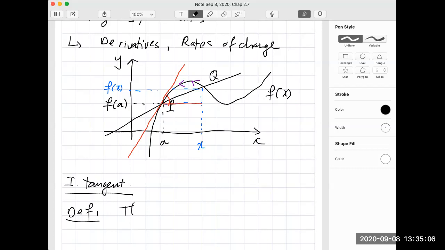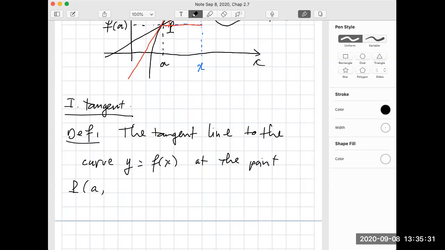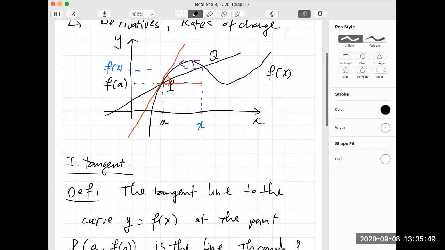Definition. The tangent line to the curve y equal to f of x at the point P at x equal to a, and the value of that is f of a, is the line through P with the slope m, right?